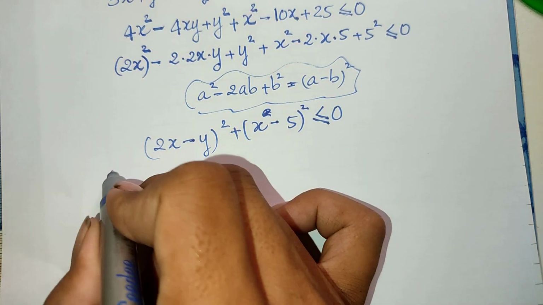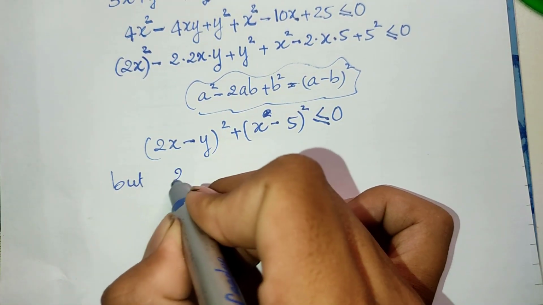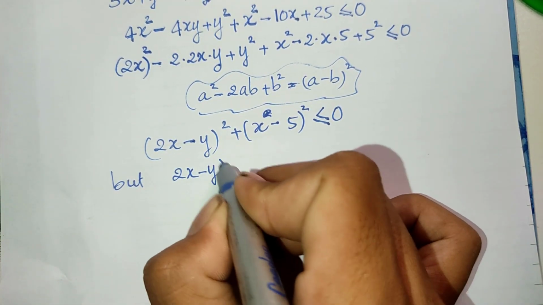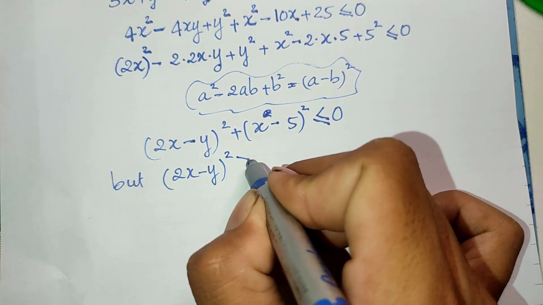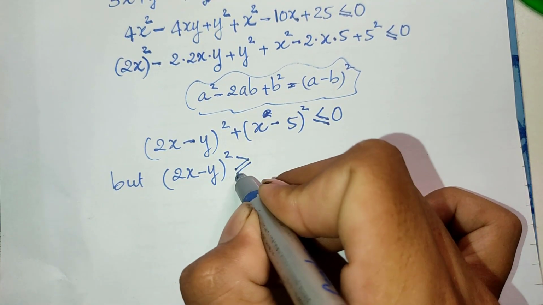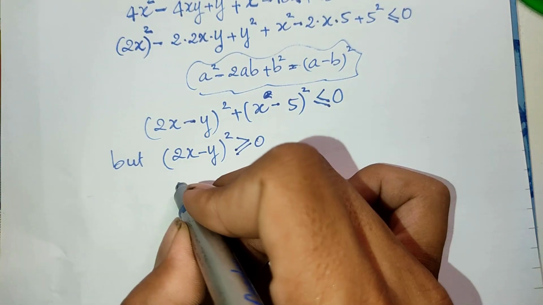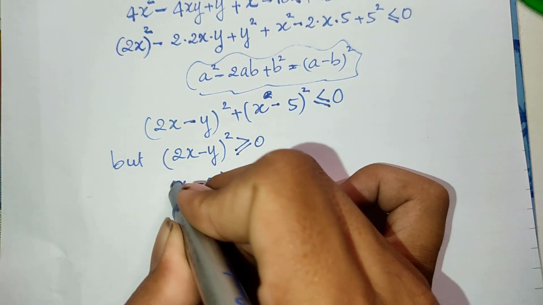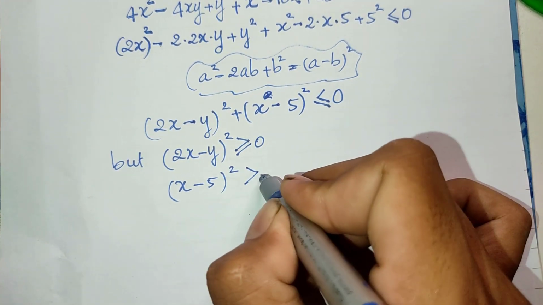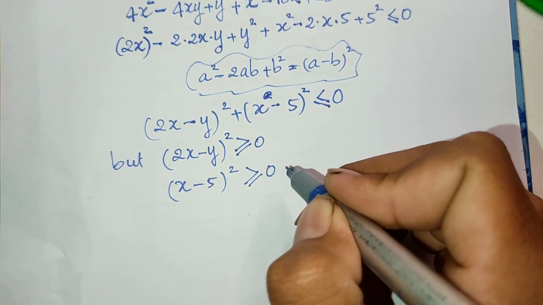But we know that (2x minus y) squared is bigger than or equal to 0 and (x minus 5) squared is also bigger than or equal to 0.